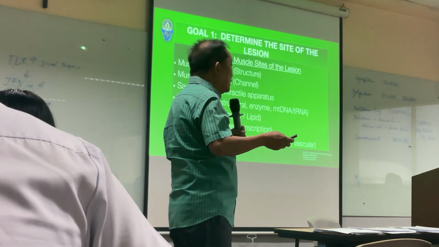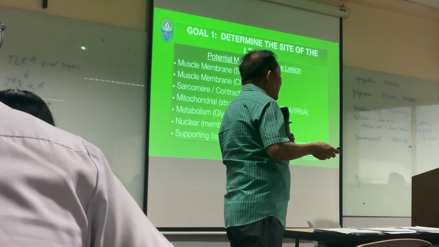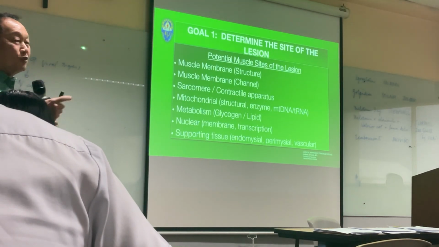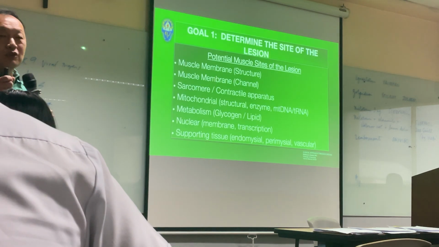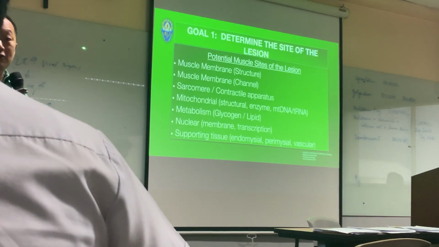I don't know if there's still an electron microscope in the Philippines. We all knew that we sent a specimen to Japan to determine a possible diagnosis by electron microscopy.